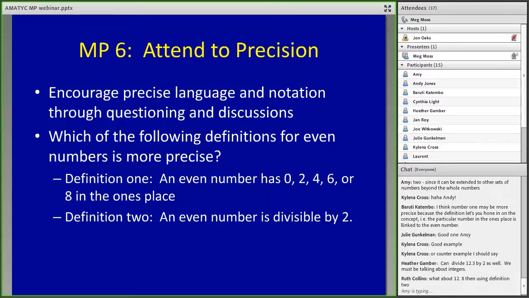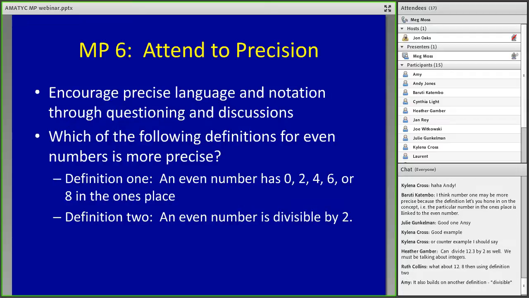Yeah, but it's not divisible. But divisible by 2, the way I've always defined divisible, which gets to, okay, with a precise definition, every word should be readily defined, right?